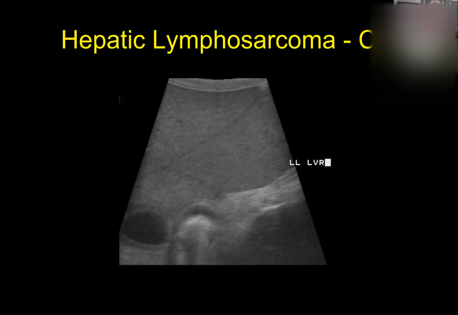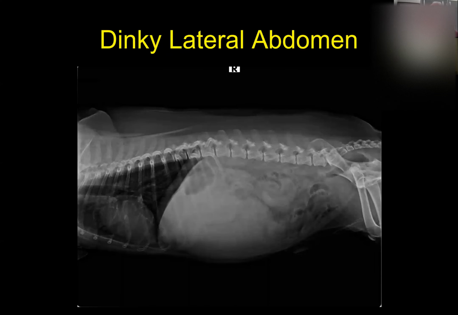Cats with hepatic lymphoma, their liver becomes huge. If you palpate the cat, you can easily feel the enlarged liver, and most of the time it's rock hard. The only way to know for sure would be to put a needle in it. But hepatic lymphoma in a cat looks very much like hepatic lipidosis, except with lymphoma, typically the liver is huge. With hepatic lipidosis, the liver is normal to just slightly enlarged.